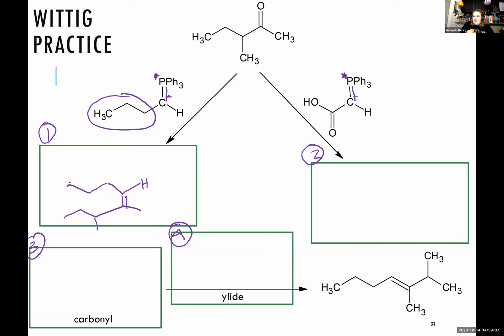That doesn't look like an alkene that we're used to drawing. We normally don't draw them in that weird shape. You could definitely unravel that and draw it out in more of a chain format that we're used to seeing. But this works. We can see the ketone that we started with, we can see the ylid that we added to it, and we just combine them together.